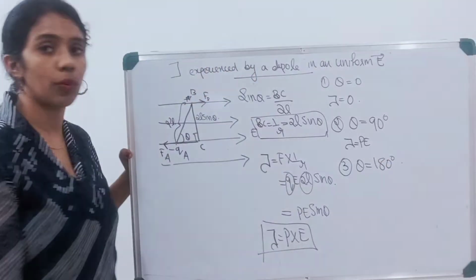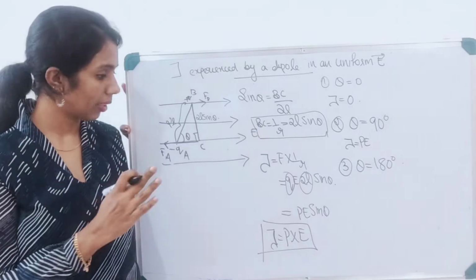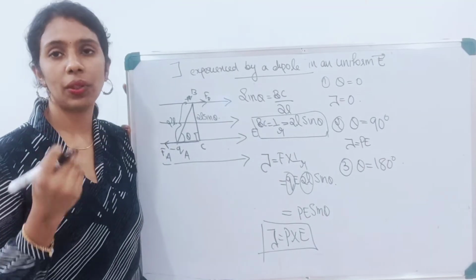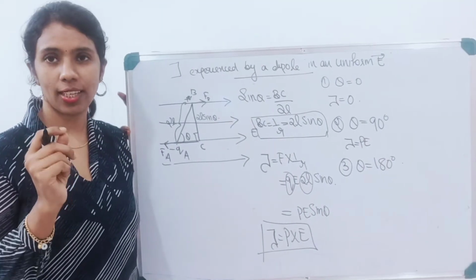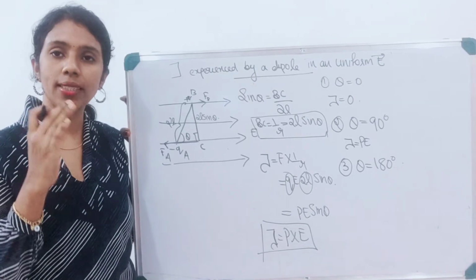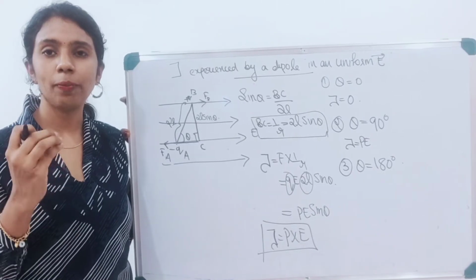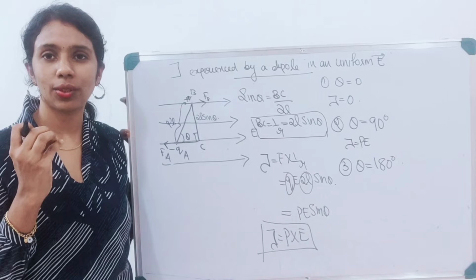That is theta is equal to 180 degree. So if the dipole is anti-parallel to the electric field, then theta is equal to 180 degree, and that condition is known as unstable equilibrium. So for the stable equilibrium, the dipole is kept parallel to the electric field, and for unstable equilibrium, the dipole is kept anti-parallel to the electric field.